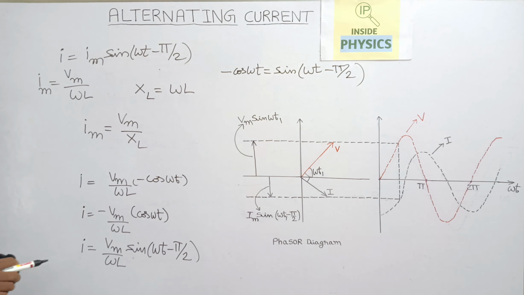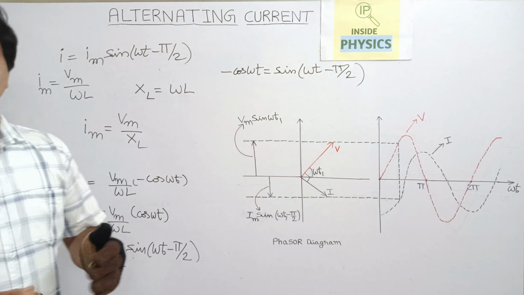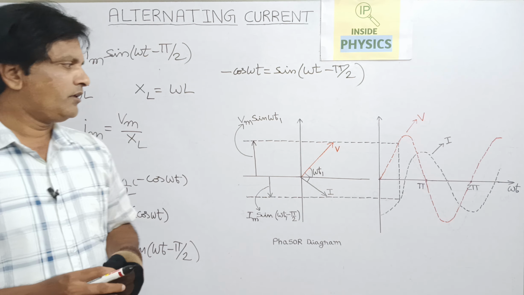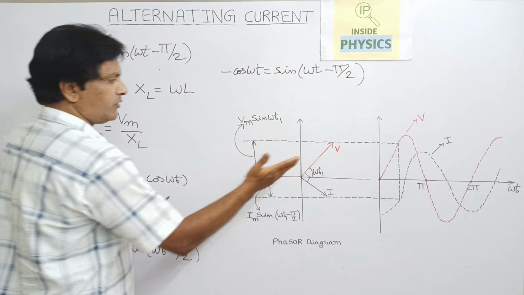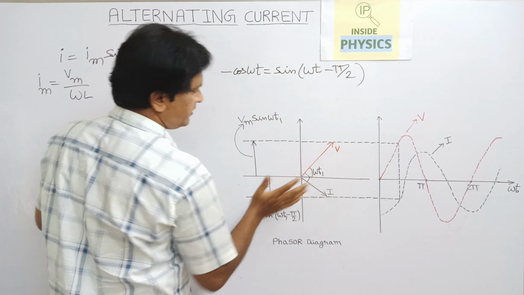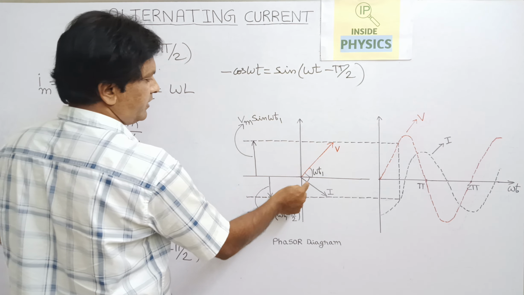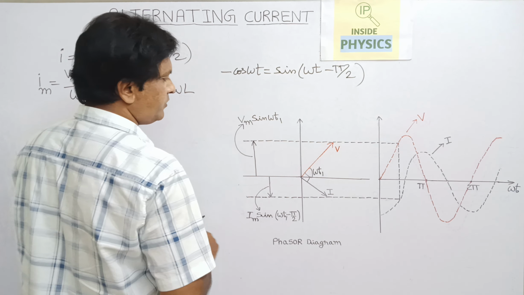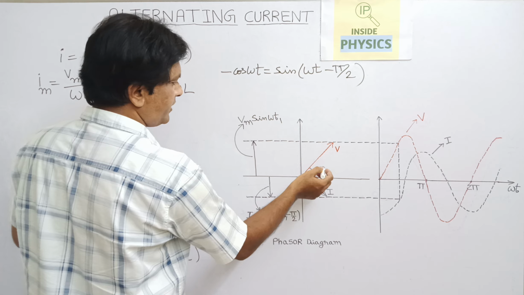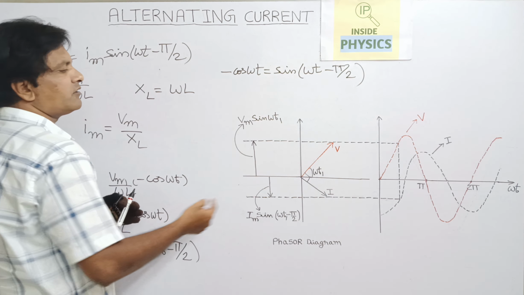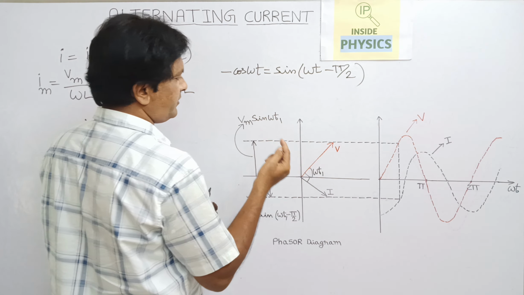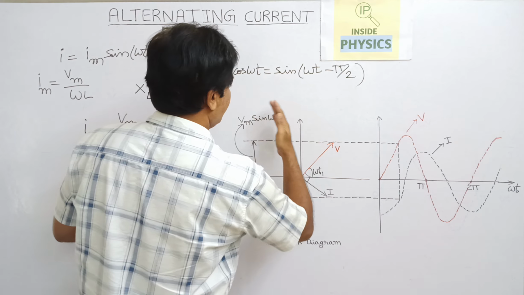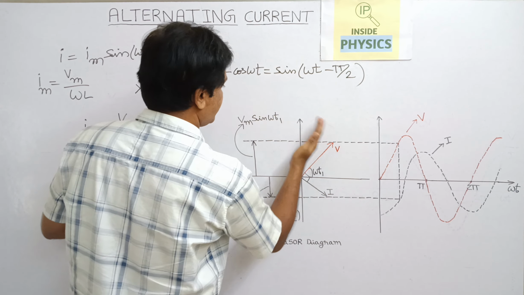I have given the description of phasors in my previous video already. If you observe this voltage and current, they have a phase difference of pi by 2, and at the instant of time t1, with angular frequency omega, this is the way they rotate.